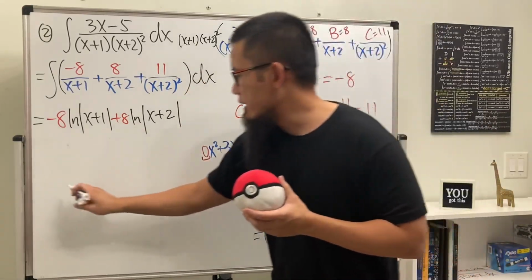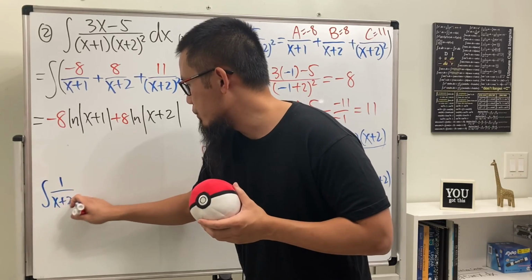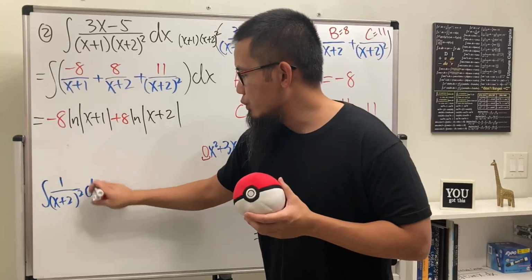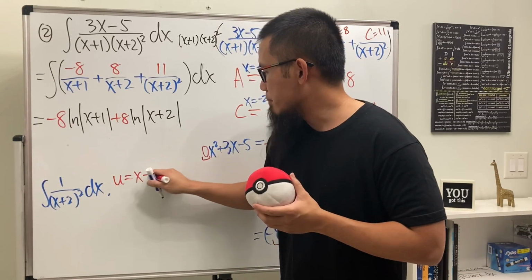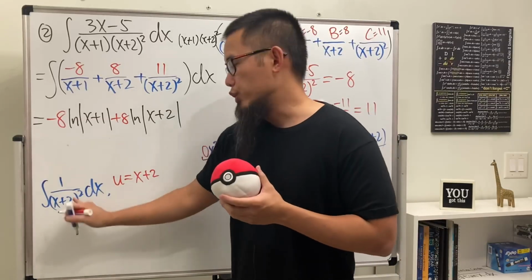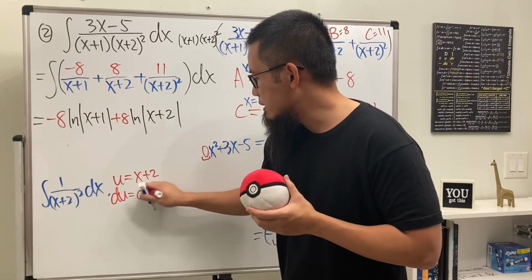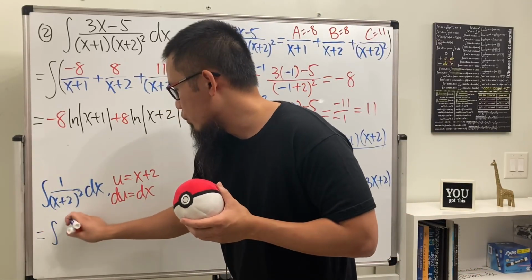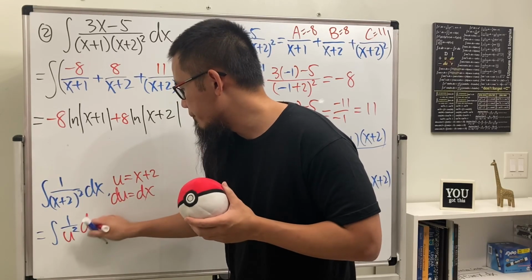Let's just focus on the integral of 1 over x plus 2 squared. To integrate this, we do u sub. Let u equal the denominator, which is x plus 2. Actually, just the inside. We don't want it to be the second power. And we'll see this is just du equals dx. And this is just going to be the integral of 1 over u squared du.